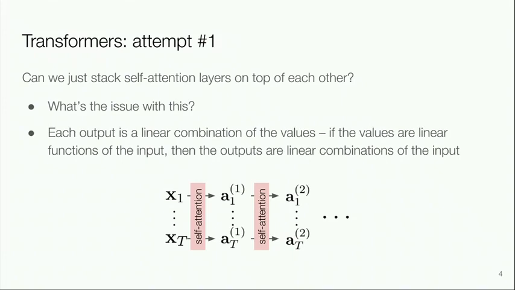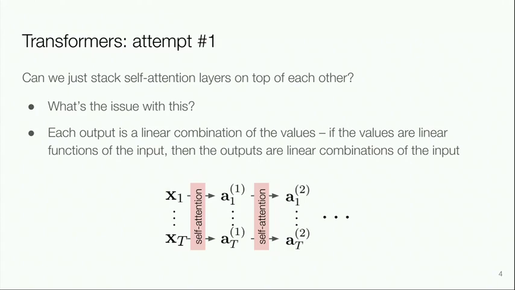Oftentimes, values are produced by a linear function on X, on the input. That's the v function, right? And usually that's just something like a learned linear function. So the values are a linear function of the input, and then the output is a linear combination of those values. Then what essentially you're getting is that the output is a linear combination of your input.